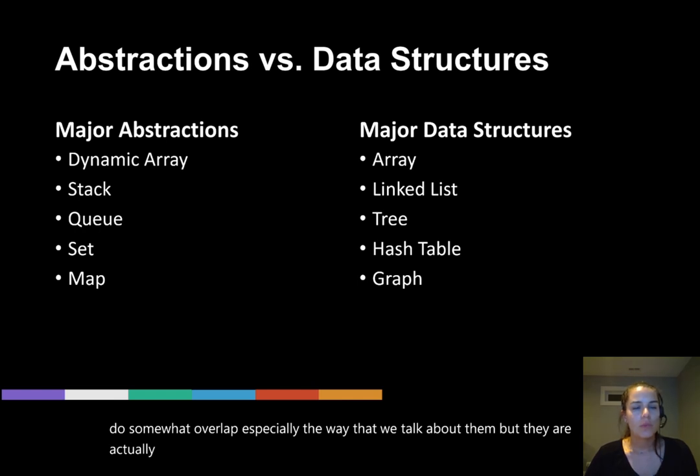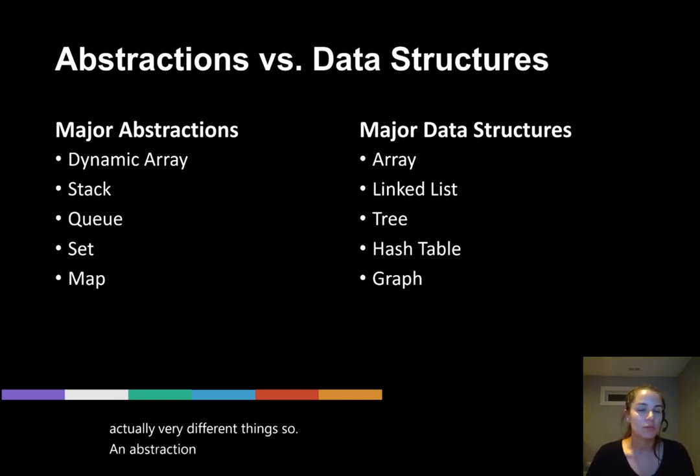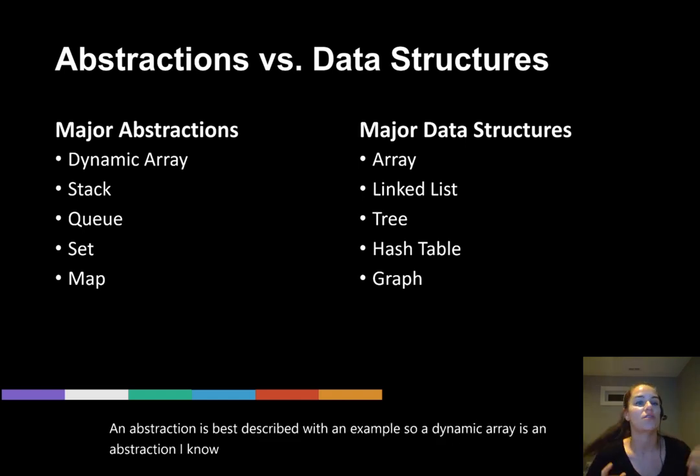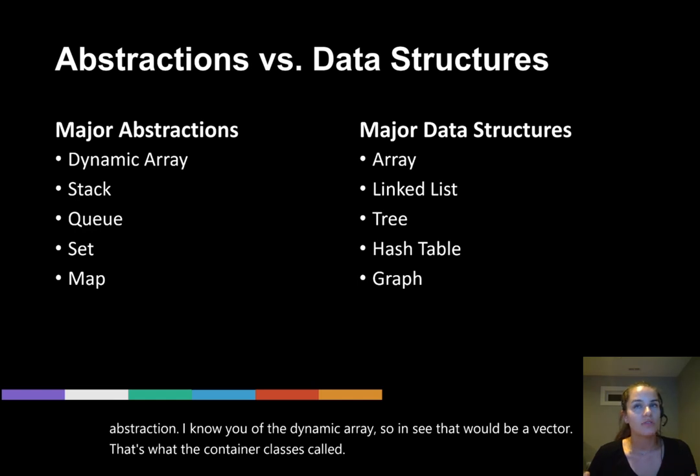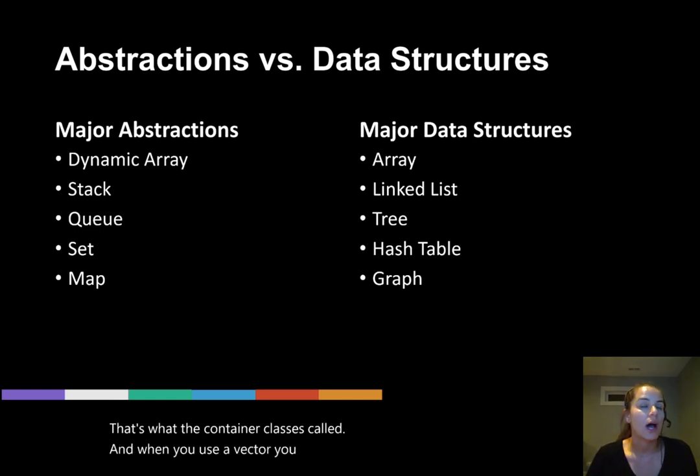So an abstraction is best described with an example. A dynamic array is an abstraction. I know you all know of the dynamic array. In C++, that would be a vector. That's what the container class is called. And when you use a vector, you know some things about how a vector works.